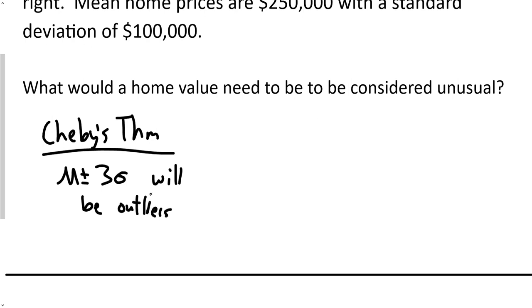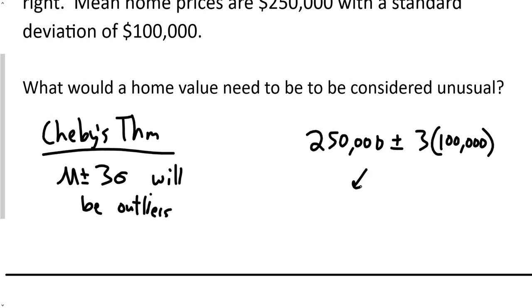So let's think about that. If your mean is 250,000 and you want to add or subtract 3 standard deviations, that's 3 times 100,000. What happens if you subtract 300,000? So our lower bound is negative 50,000.